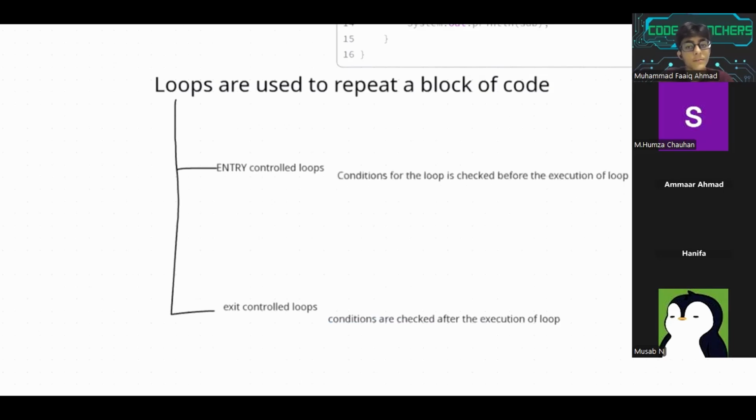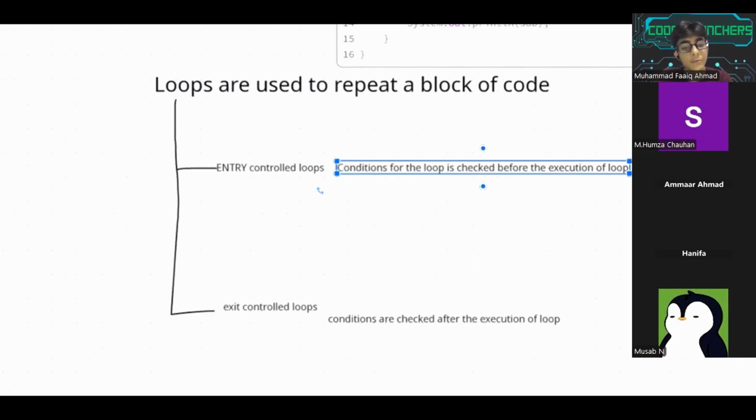In entry control loops, the program first checks, that is, the Java machine first checks the conditions which we have written for the loop to run. Because when we do statements and syntax, you'll see that there are three conditions which you are required to write in the syntax, and all of these three conditions for entry control loops are first checked. And if those conditions are true, then only the loop will run.